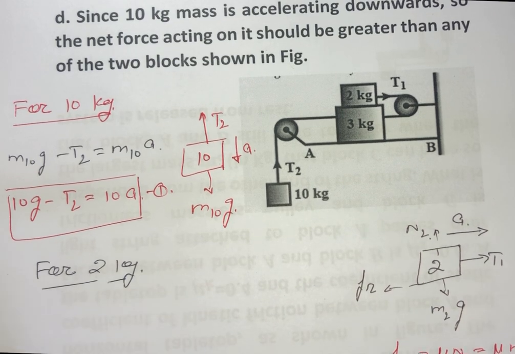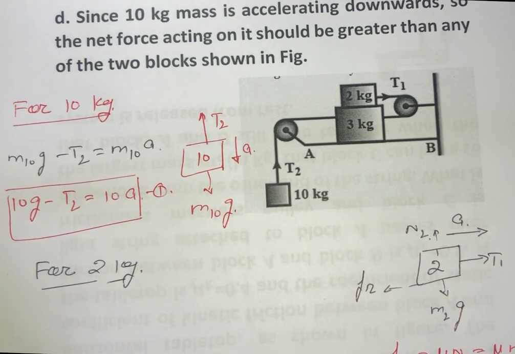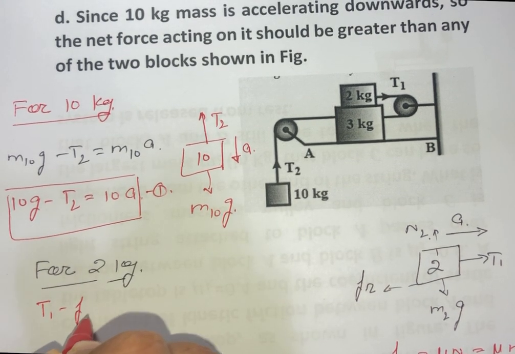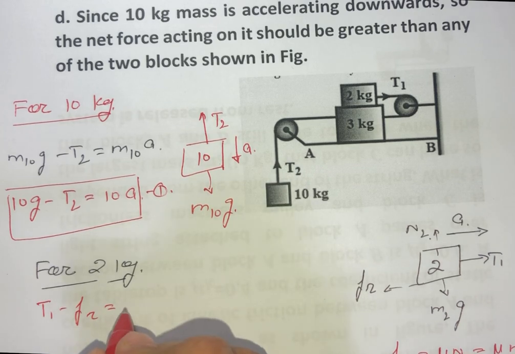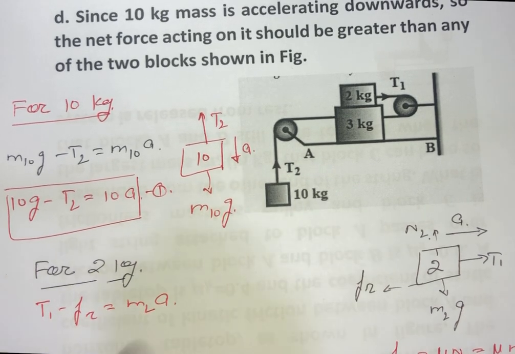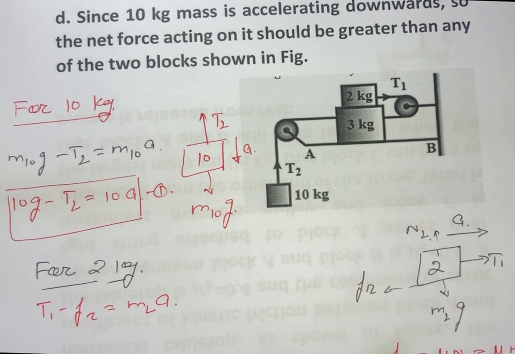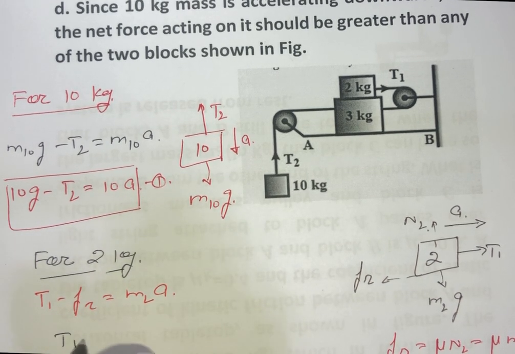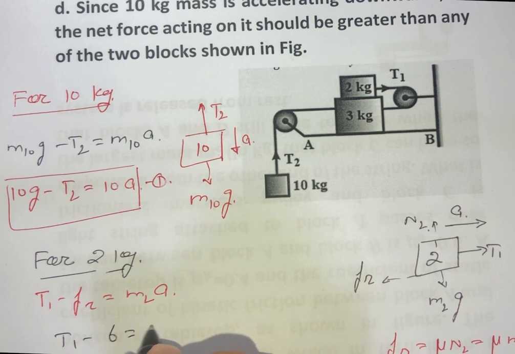So we can write the equation as T1 minus Fr is equal to M2A. We substitute the value of Fr as well as M2. We get T1 minus 6 will be equal to 2A.